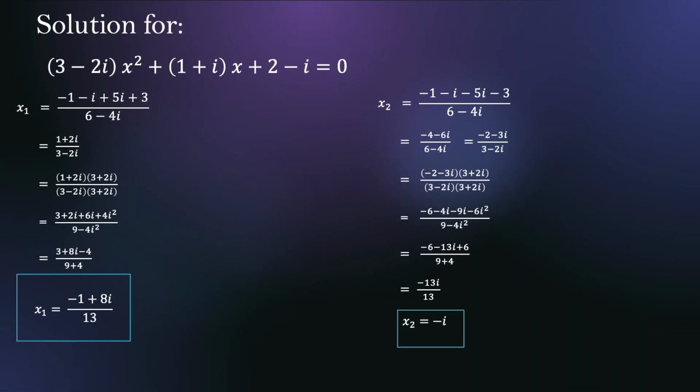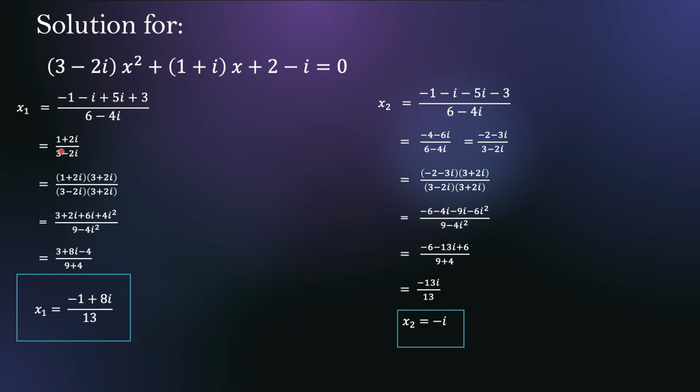To get the solutions, x1 is going to be, taking the first case as positive, or add, negative 1 minus i plus 5i plus 3, everything divided by 6 minus 4i. And when I simplify this, I come up with (1 plus 2i) divided by (3 minus 2i). Now I want to get rid of the complex numbers in the denominator so that it's easy to simplify.